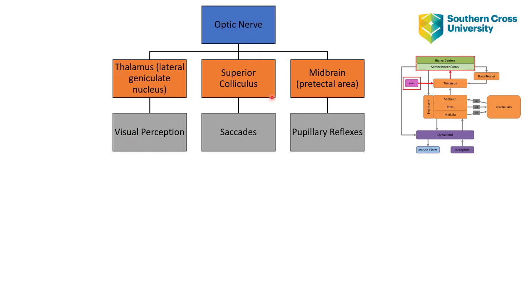We have the other two pathways. The superior colliculus controls saccades. Saccades are rapid eye movements. So if, for example, you're sitting there looking at somebody's face that you're having a conversation with, you might think that you're visually fixated on one spot. In reality, every second our eyes shift focus to different locations around that face multiple times a second.